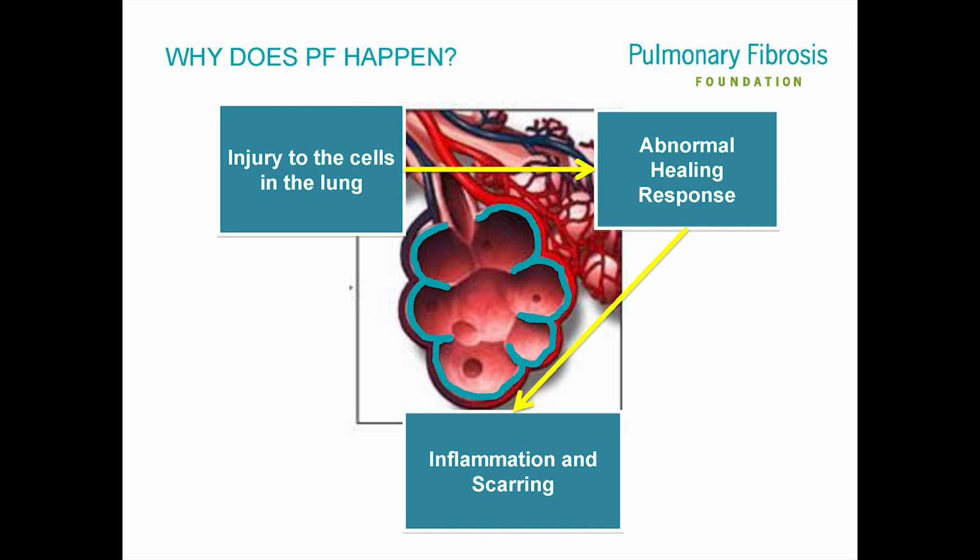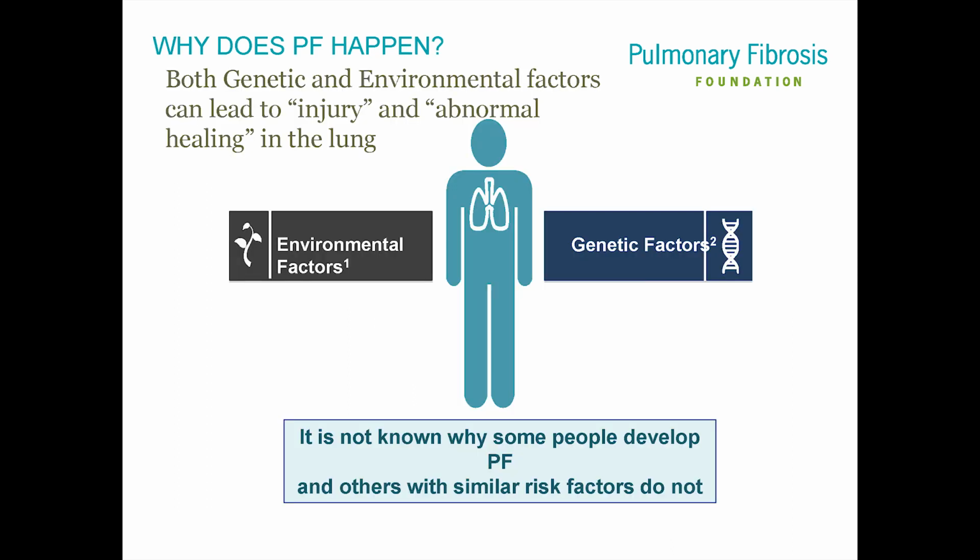Sometimes the exposures are certain chemicals. Breathing these things in can trigger injury and inflammation in the small airways of the lung and then in the lung tissue itself. Some people have inflammation, some people have scarring, and many people with HP have both.